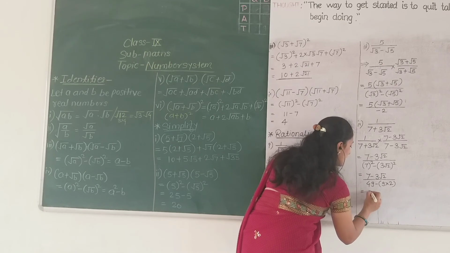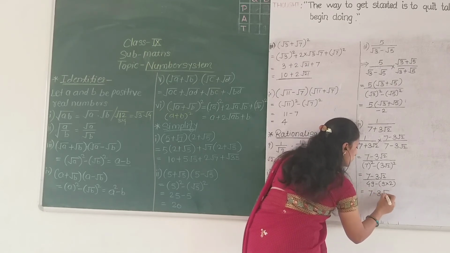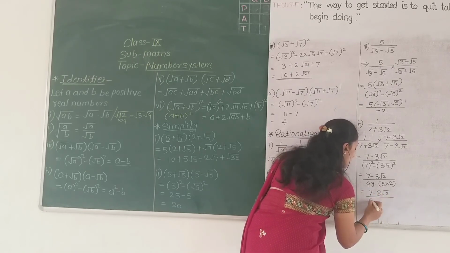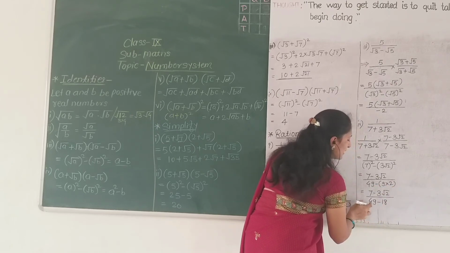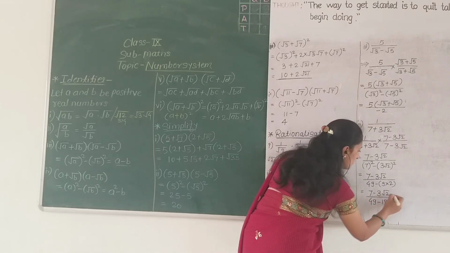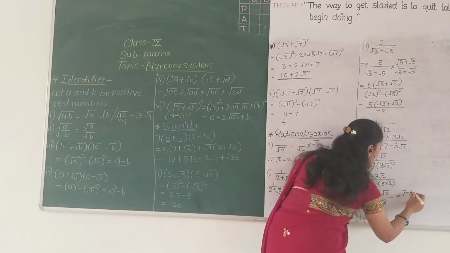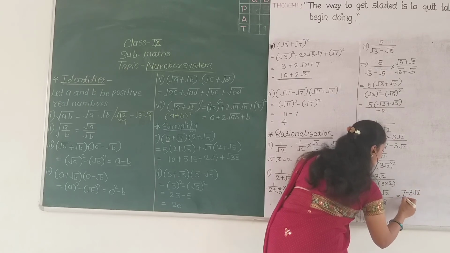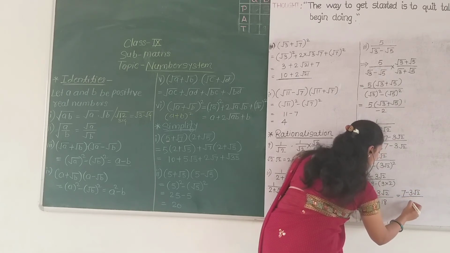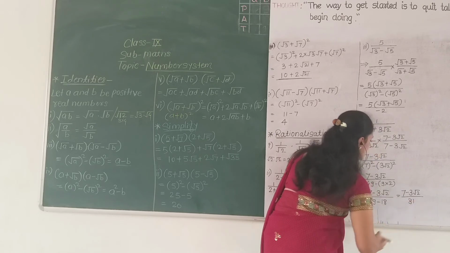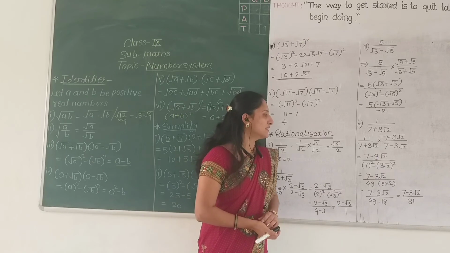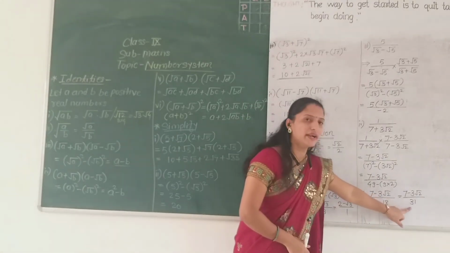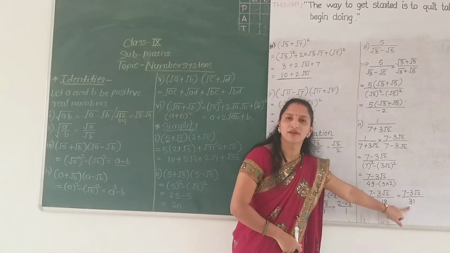So you get 7 minus 3 root 2 upon 49 minus 9 into 2, 9 twos are 18. So 49 minus 18 is 31. Right? 7 minus 3 root 2 upon 31. So your denominator contains a rational number.